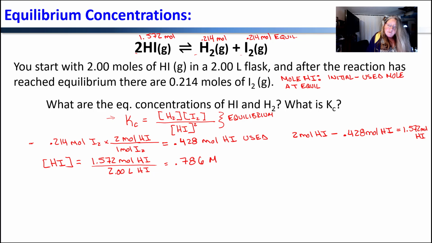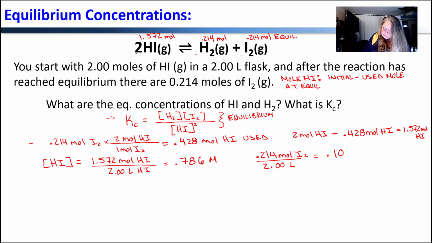For my I2 and H2, I only need to do the one calculation because they're both the same amount of moles. So I'll have 0.214 moles of, and we'll go ahead and choose one, just I2, divided by my 2.00 liters gives me 0.107.